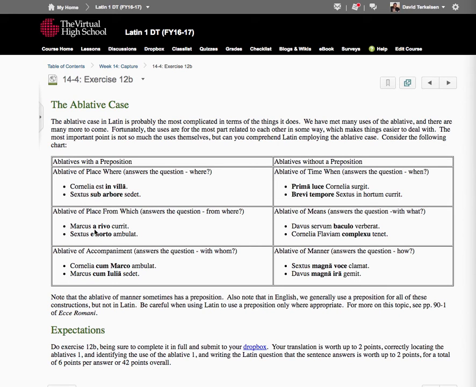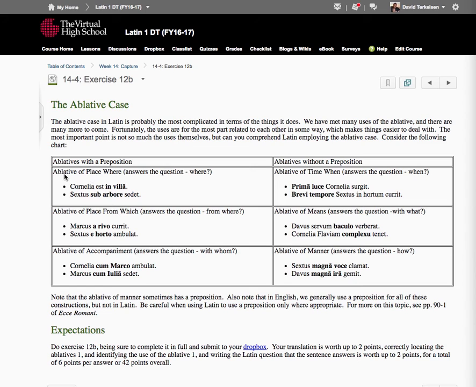So a horto and a rivo. And Marcus is also second declension. Cum Marco, excuse me, and cum Julia. Julia is first declension once again. So the long A here and the long A there, but here O, O, O for second declension, and the short E for third declension.